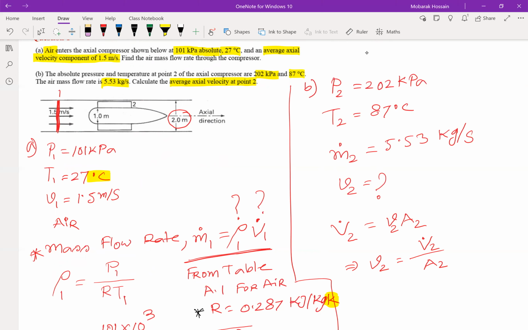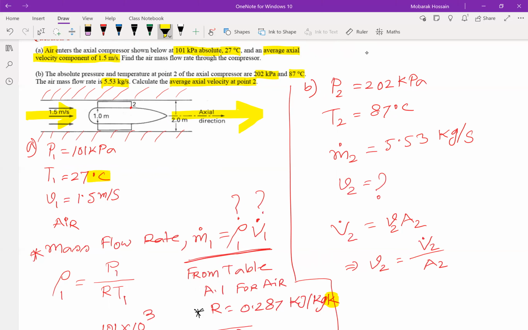Now you can see location 2 is here, on the air compressor axial cross section view. So here is your compressor wall solid part. This one is your compressor wall solid part. Now air will flow through in this direction, and it will exit from the compressor from here.